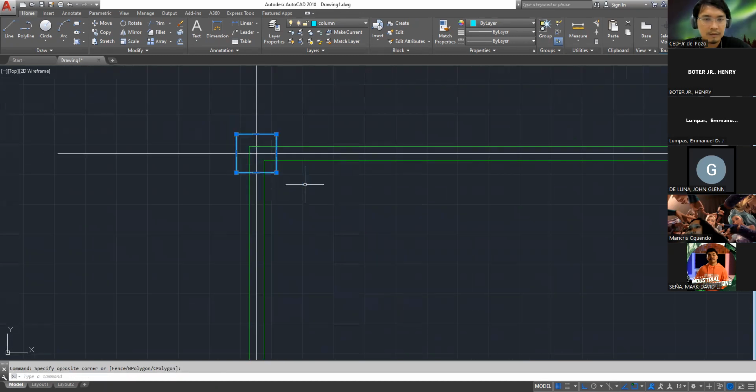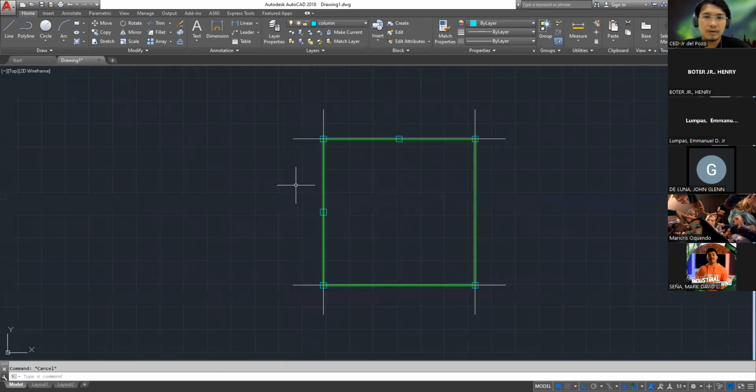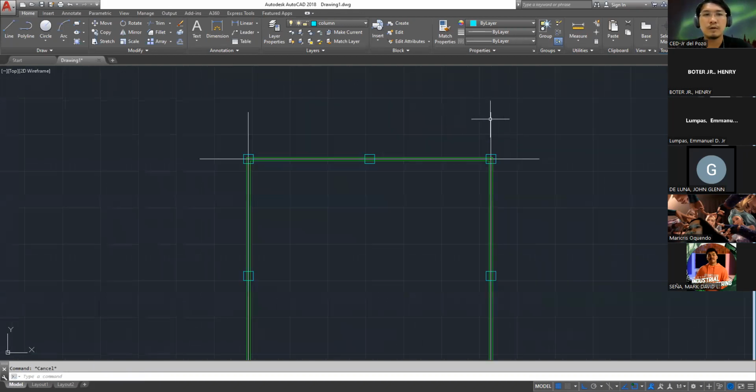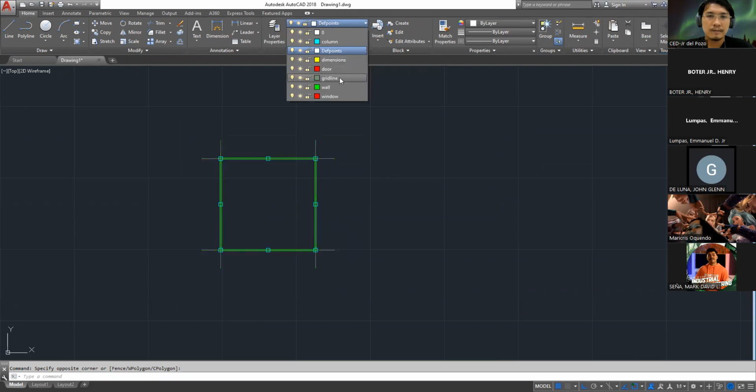Okay, then mi-mirror ko na siya. Then after nun, ida-drag ko tong part na to para ilagay ko siya sa grid line.